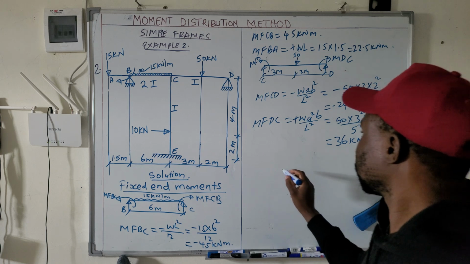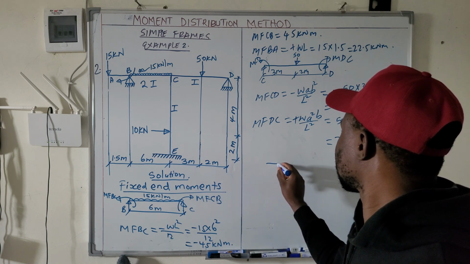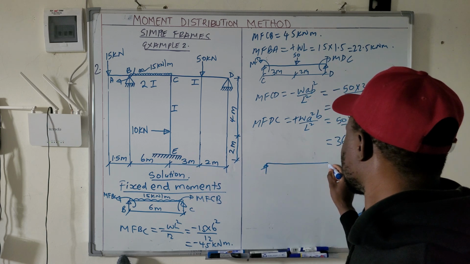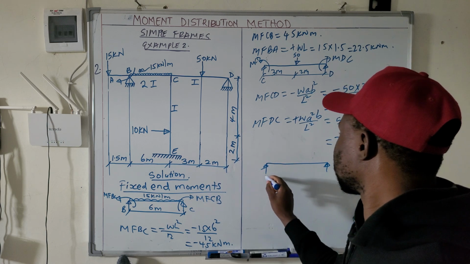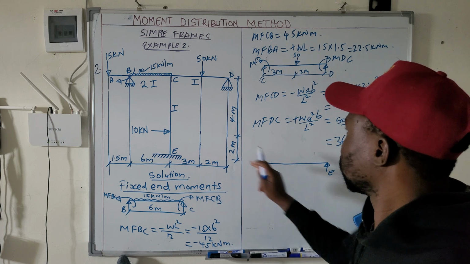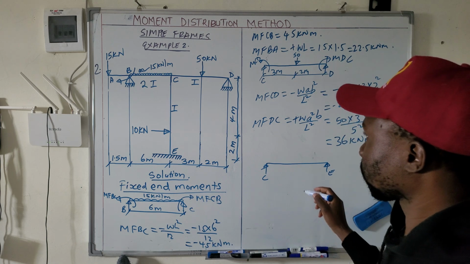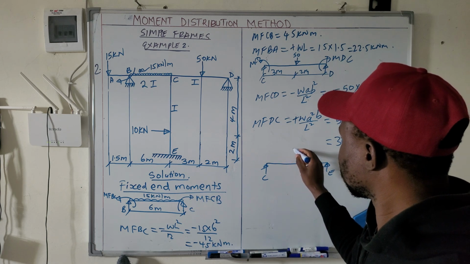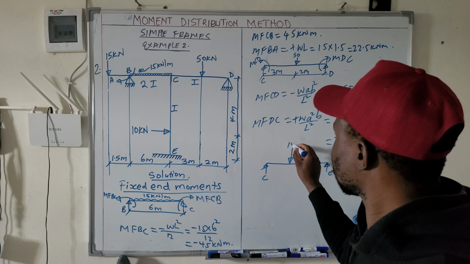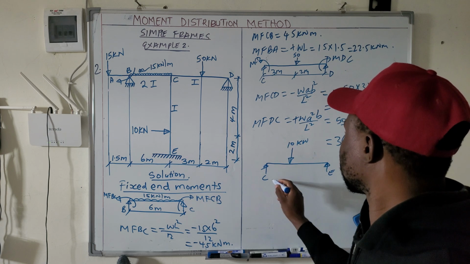We proceed to span CE. So if we can draw here, this is C, this is E, CE, not CD, and we have 10 kilonewton.